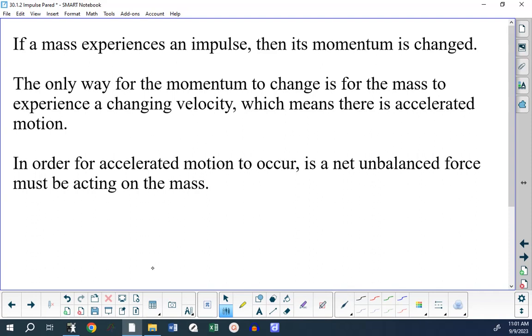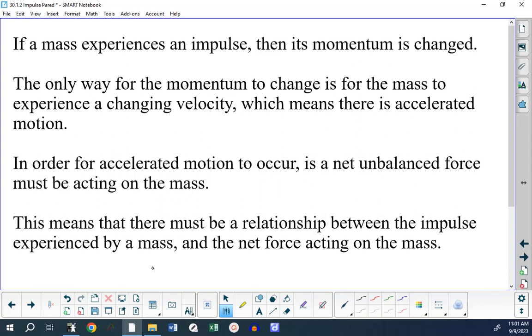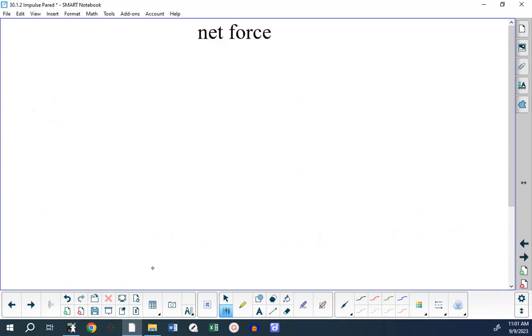But we are also expected to know, and this is more from Physics 20 than Science 10, that the only way you can get an object to accelerate is to have a net unbalanced force acting on the mass. That means that there must be a connection between the impulse experienced and the net force acting on it.